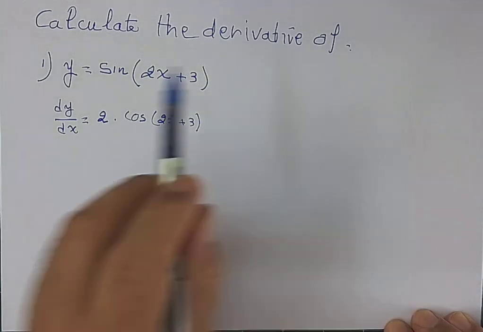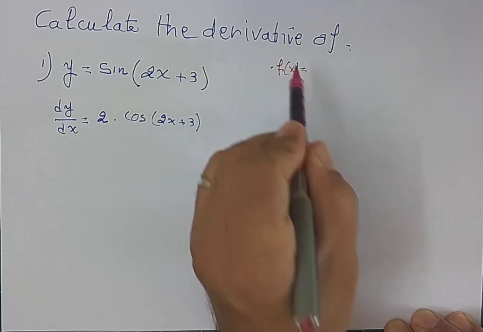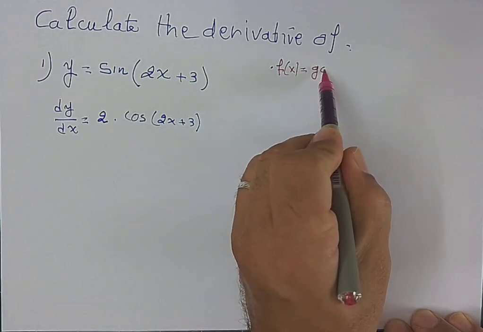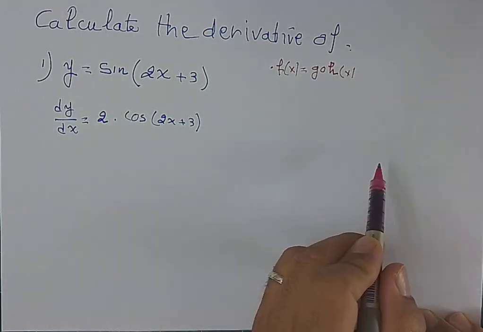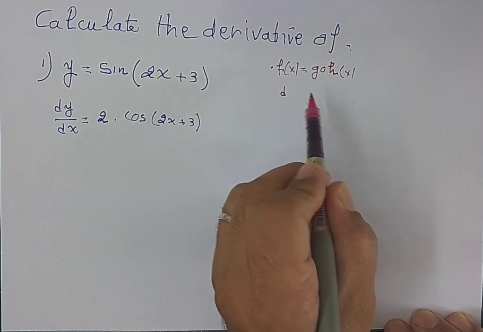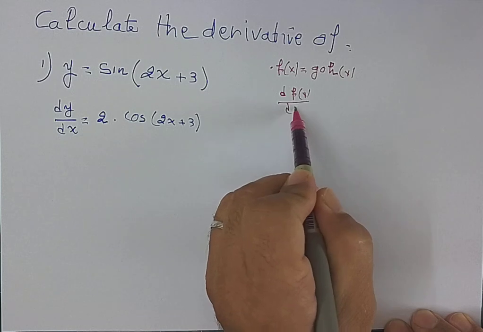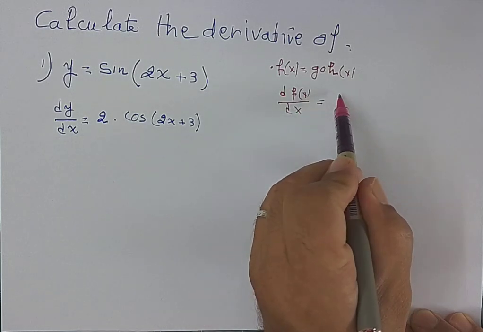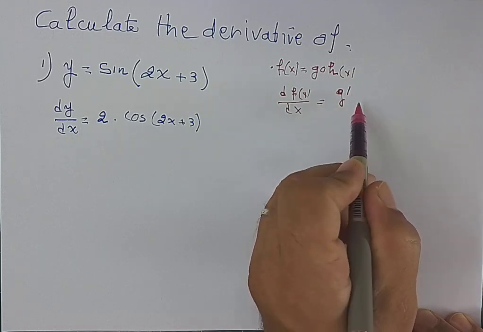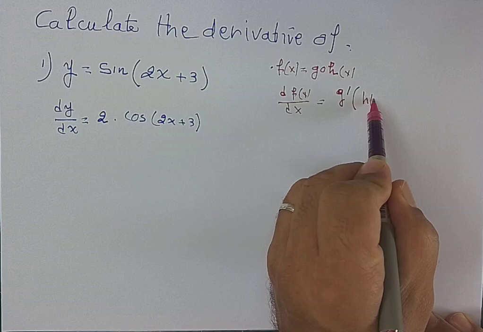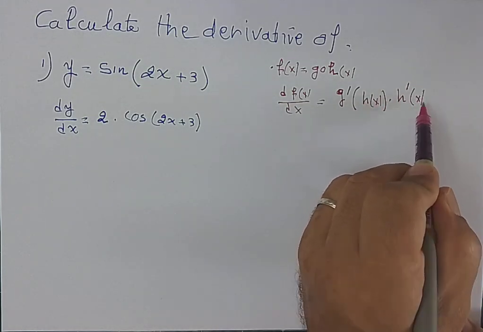If we have f(x) equal g composed with h of x, the derivative of f(x) is the derivative of g at h(x), times the derivative of h.